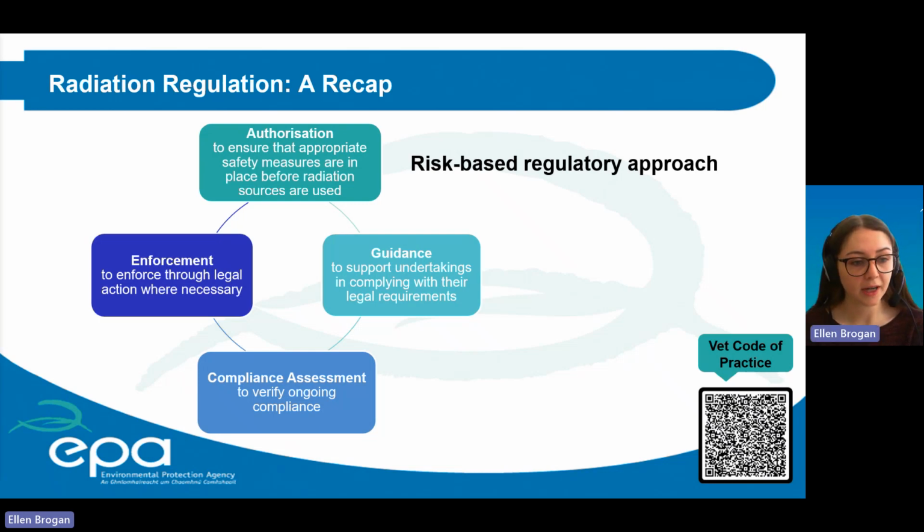We also have compliance assessments, which are mostly inspections, and we use these to verify compliance. And then finally, we have enforcement, which is the final option available if compliance cannot be gained by any other means.